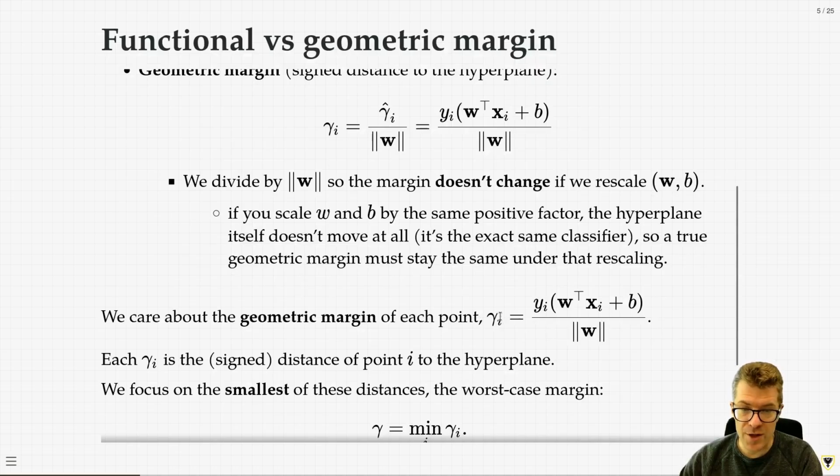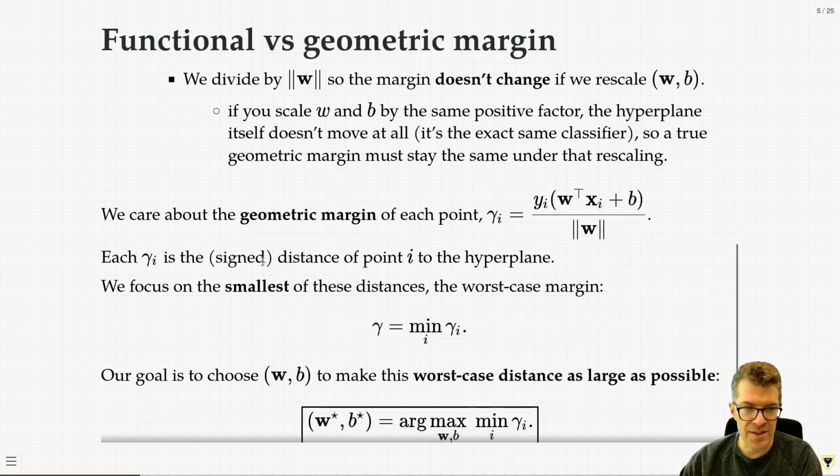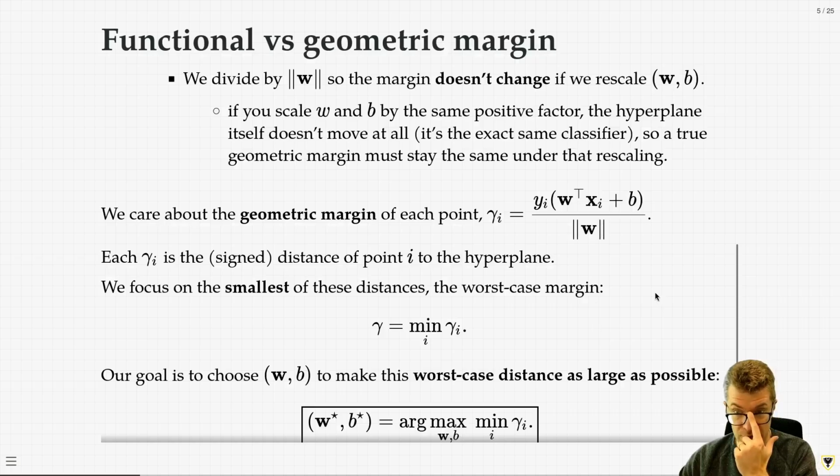So we care about this geometric margin of each point, gamma sub i. Each gamma sub i is the signed distance of point i to the hyperplane. And we want to find the smallest of these distances, which is the worst case margin. So gamma sub i is defined for every point. This is the distance of a data point to the hyperplane, and we want to figure out which ones are the closest.